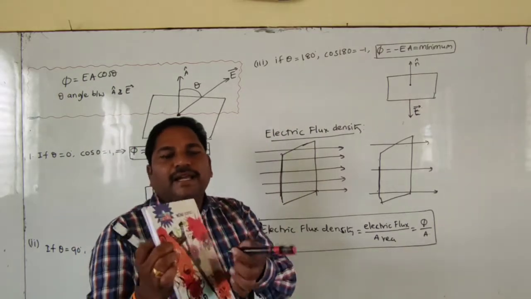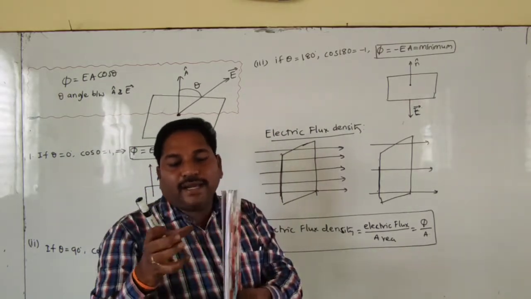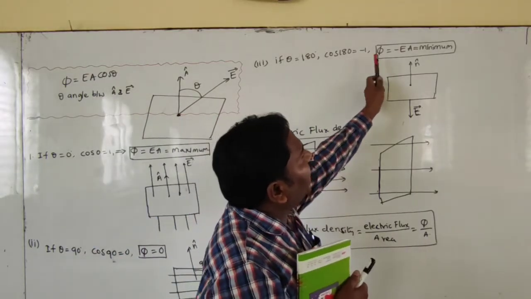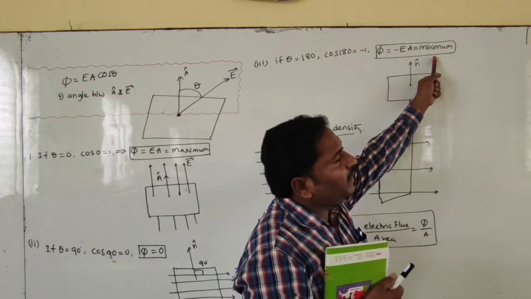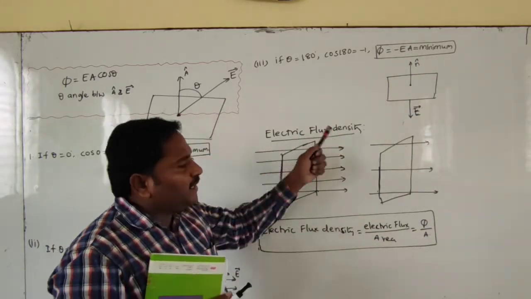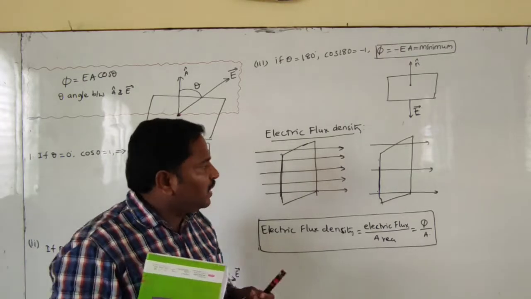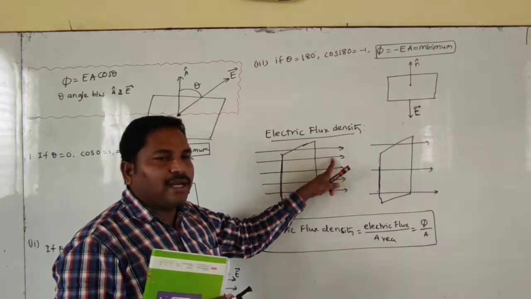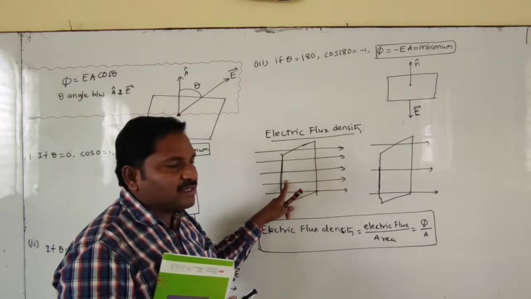Here also the electric field lines enter the surface normally, but cos 180 is minus 1, so the flux is minimum. Suppose there is a stronger field, meaning more electric lines of force crossing the given surface.